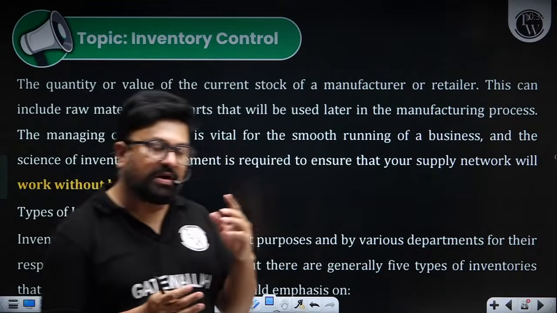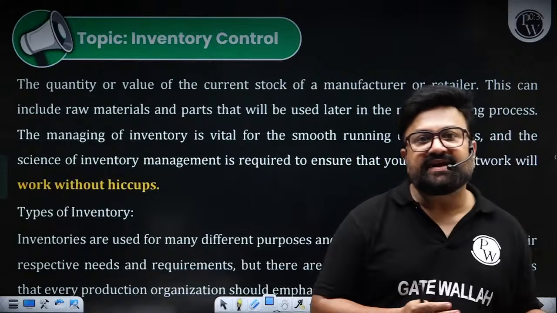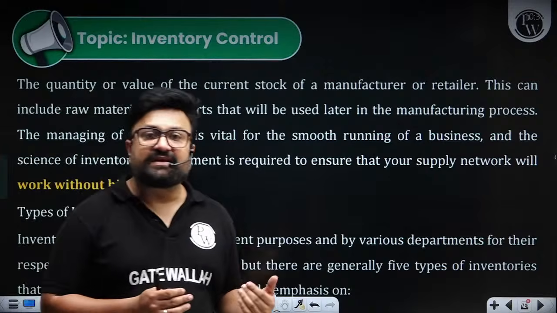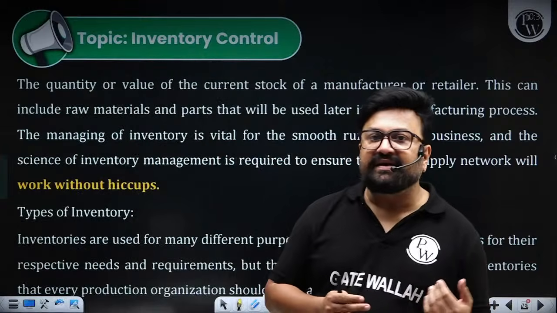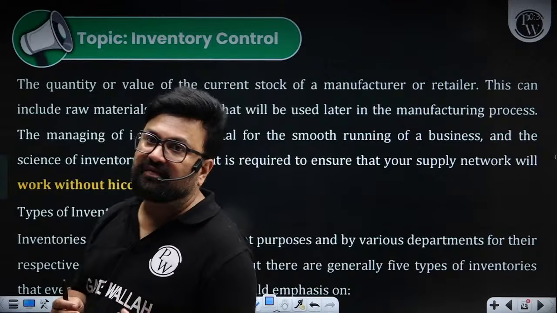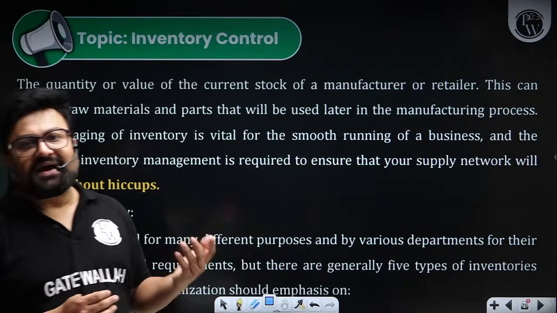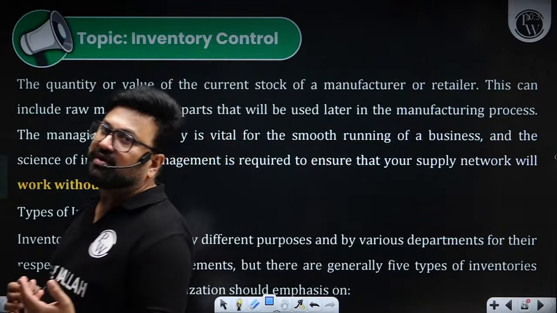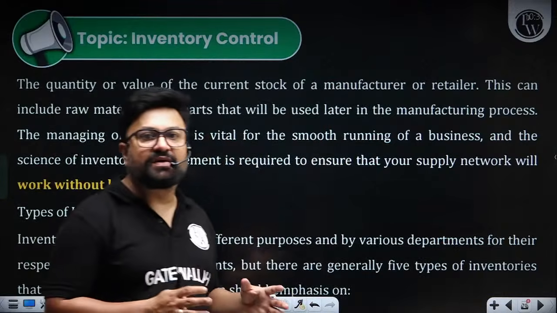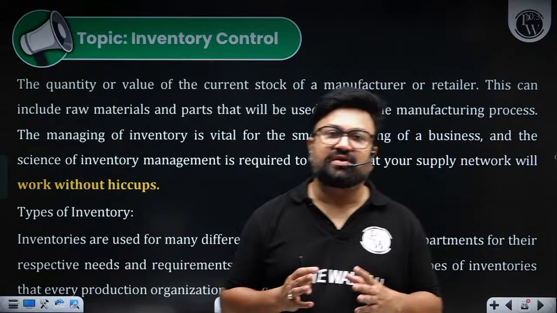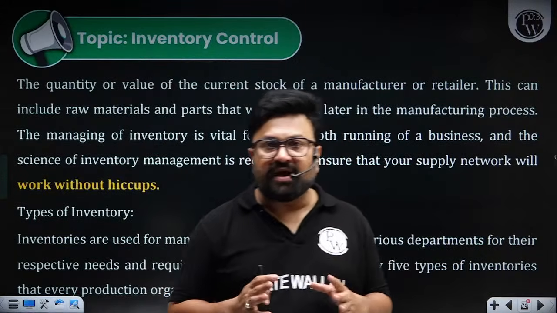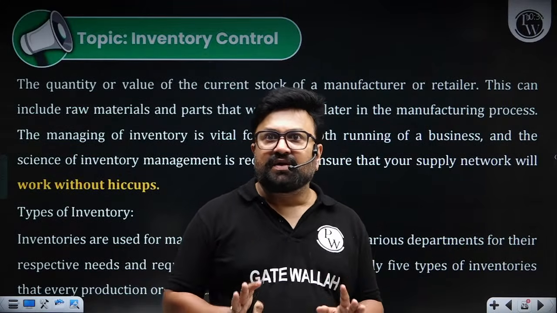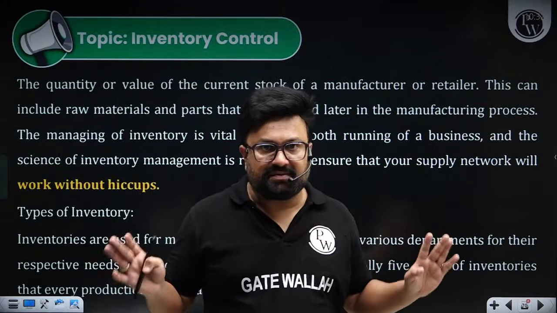This can include raw material and parts that will be used later in the manufacturing process. Managing inventory is vital for the smooth running of any business. And the science of inventory management is required to ensure that your supply network will be non-stop, working without hiccups, flowing without disturbance.